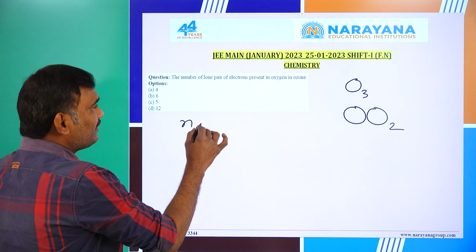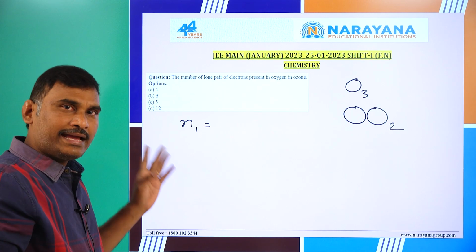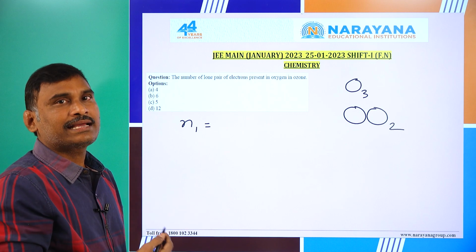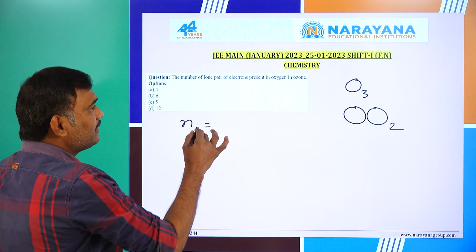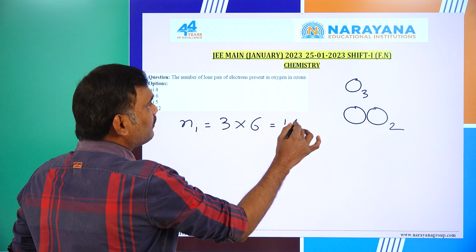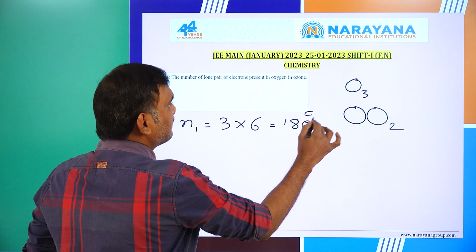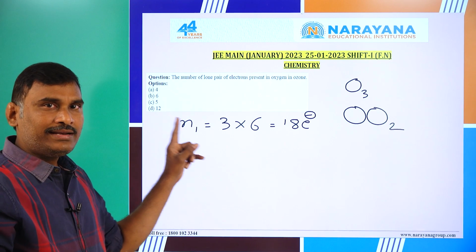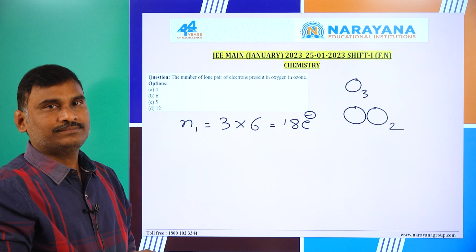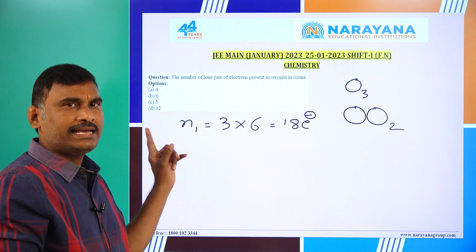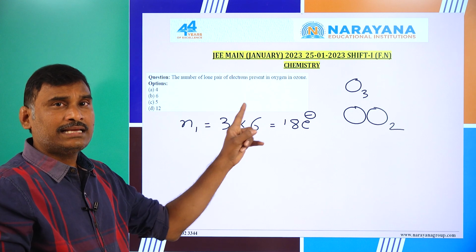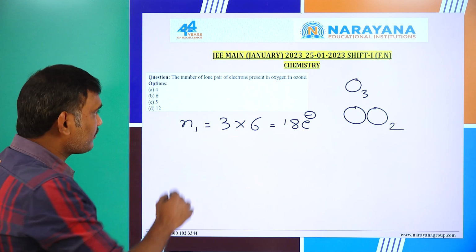First calculate N1. Generally N1 is nothing but the number of valence electrons in the given atoms. That is, oxygens are 3, each has 6 valence electrons, so the total number of valence electrons is 18. So N1 is the sum of all the valence electrons in the given species.